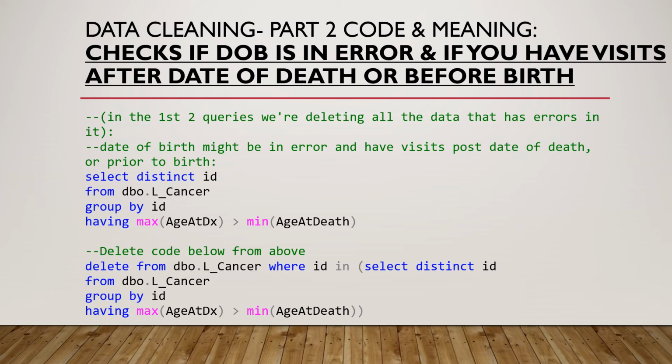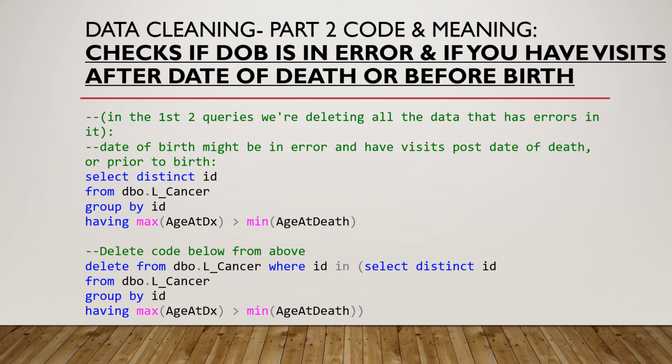Next, we check if the date of birth is in error and if you have visits after date of death or before birth. This is part 2 in the data cleaning. In the first 2 queries, we're deleting all data that has errors in it. Date of birth might be an error and have visits after date of death or before birth. So select distinct ID from dbo.l_cancer.